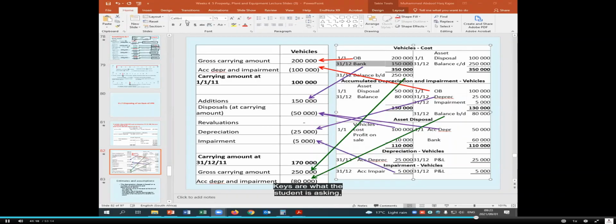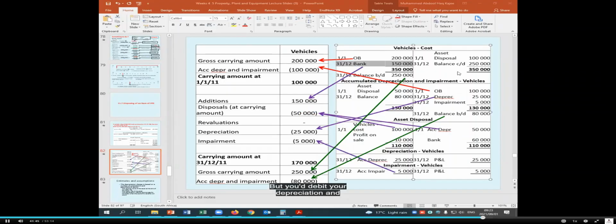Okay, so what the student is asking is, in our example, we sold the vehicle at the beginning of the year, so we didn't have to pass any more depreciation for 2011. But what if we had sold it during the year? So we have to go and calculate more depreciation. For example, let's say we sold it in June. So for 6 months, we had to depreciate, right? So in that case, what would we do?